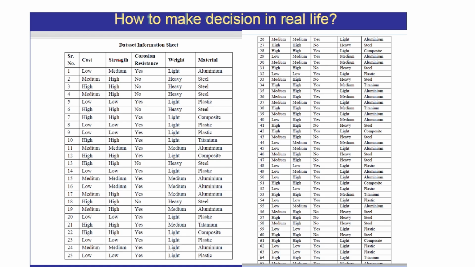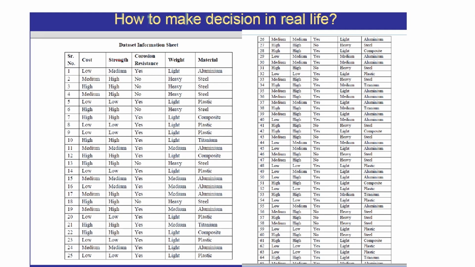If you look at this, this is a chart. Aluminum is a low cost, medium strength, high corrosion resistance, lightweight material. Steel is heavy, low corrosion resistance, medium cost and high strength, right. That is how it is defined. Plastics is lightweight, it has very high corrosion resistance, strength is low, cost is also low.